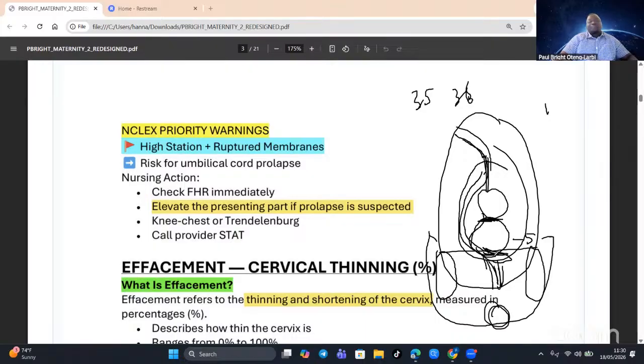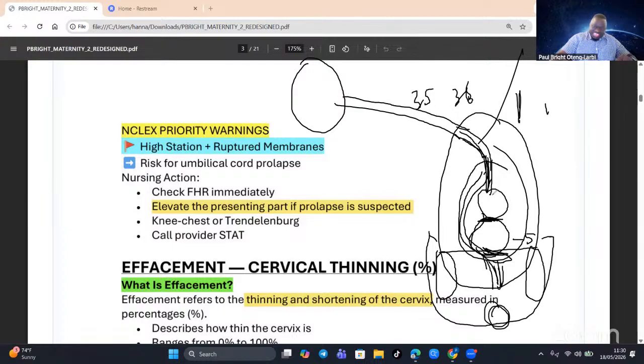Okay. When that happens, remember I told you the umbilical cord has blood vessels. Okay. And it has what? Blood. Yes, it has blood vessels. And it is connecting straight to the heart of the mother.